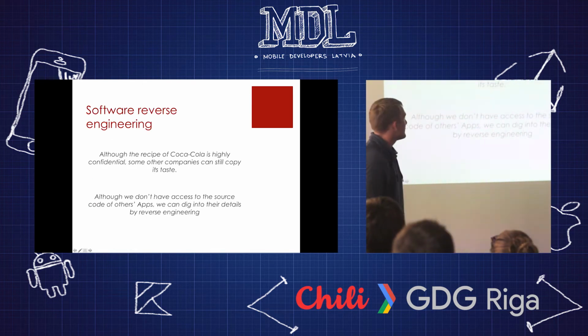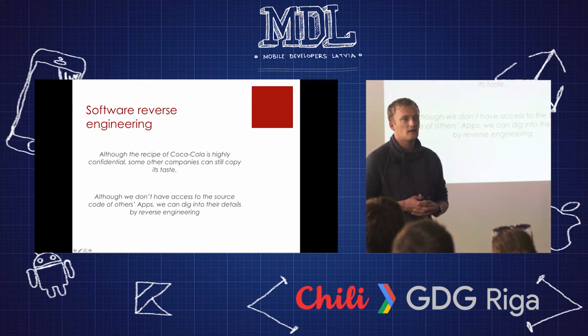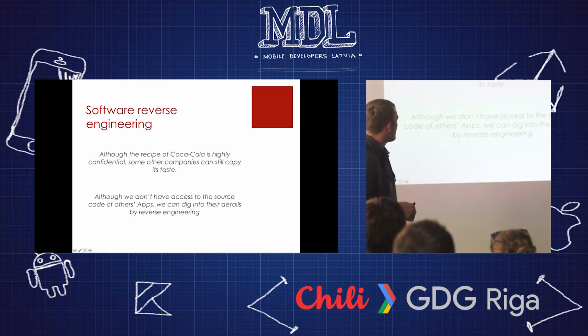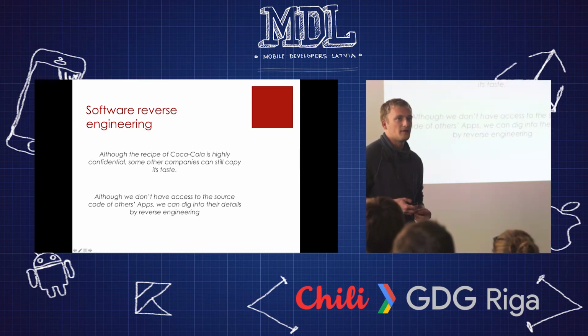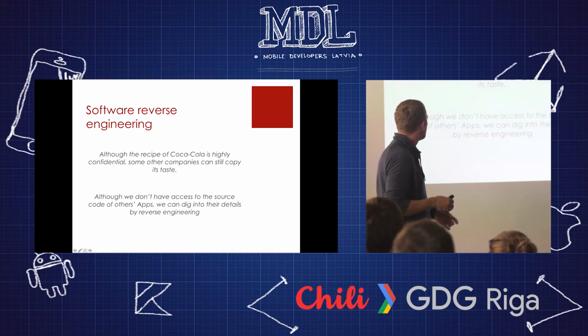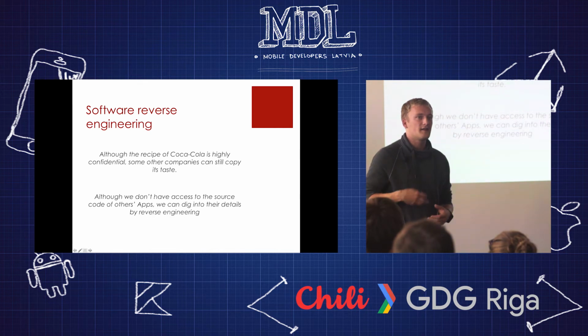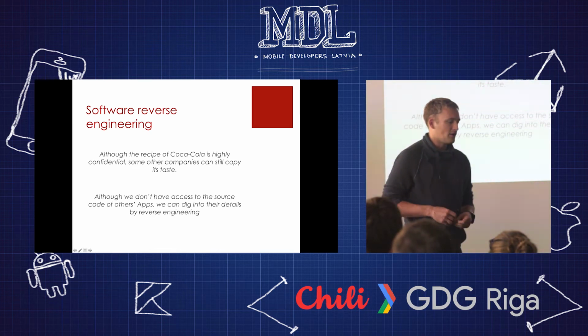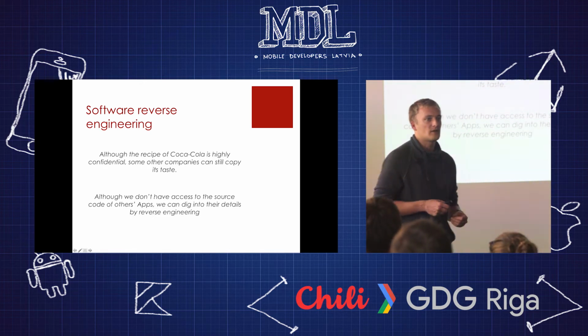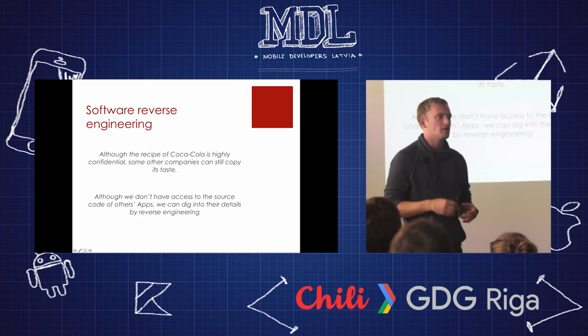So software reverse engineering: all products, of any kind, can be copied, right? A recipe of Coca-Cola is highly confidential, right? But you can actually take and analyze its taste and its color and that kind of things, and then you can understand what's in it, what it's made of.